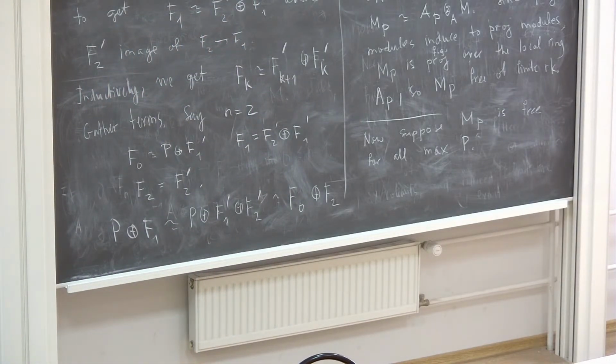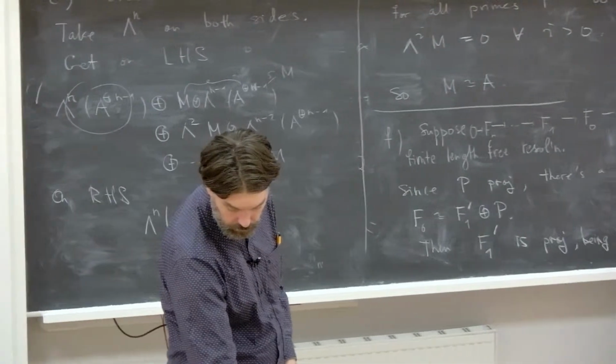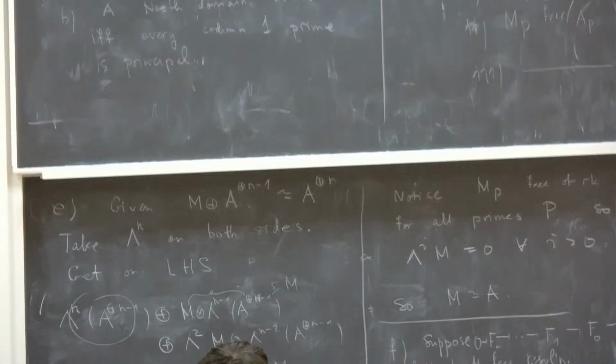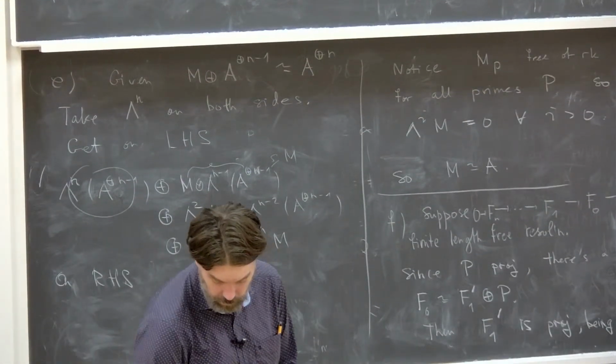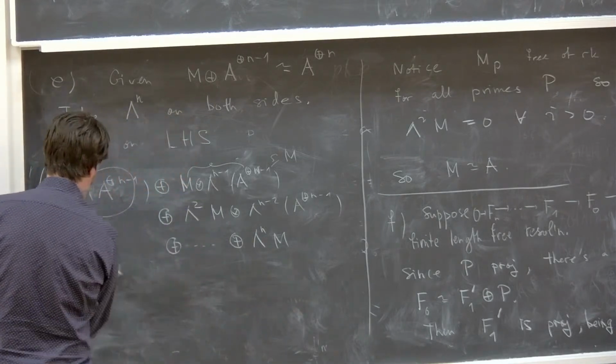Now, one way to check projective is to check that Ext1 from that module into any other module is 0. That's the Ext characterization of projective. And that's what we'll use because Ext behaves well with respect to localizations.